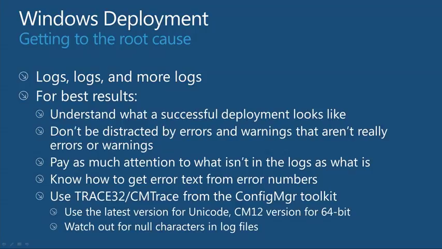There is a tool that's really useful for first looking at these log files, and also for doing these error number translations. Trace32, it's part of the Config Manager toolkit. There is a newer version of that provided with Config Manager 2012 called CM Trace.